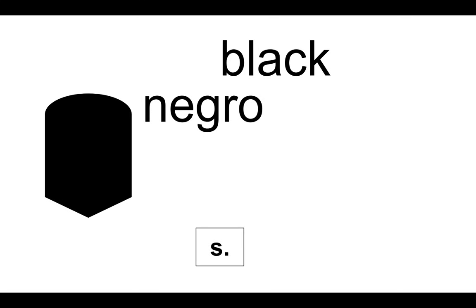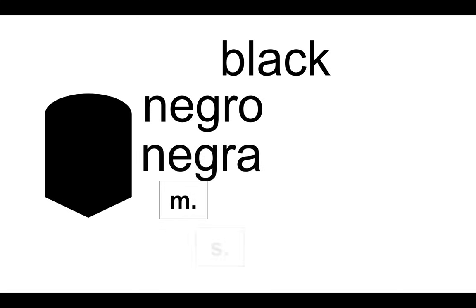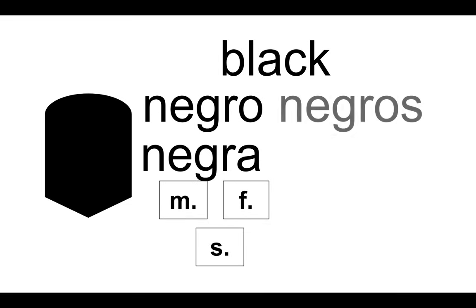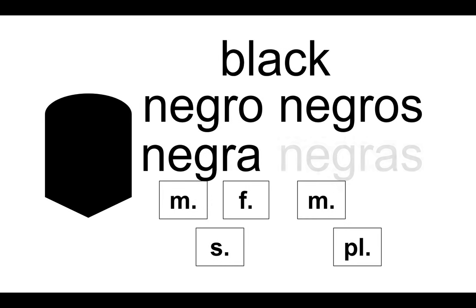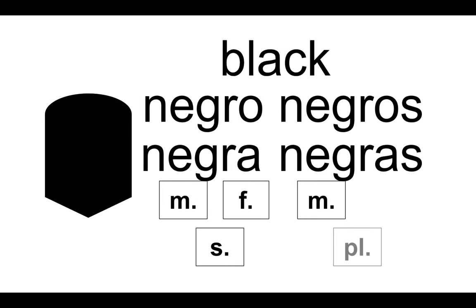"Negro" is the singular masculine form of black, while "negra" is the singular feminine form. "Negros" is for the plural masculine form, and "negras" for the plural feminine form. Let's take a look at how to use these adjectives to describe a skirt. "La falda" is the word for skirt.